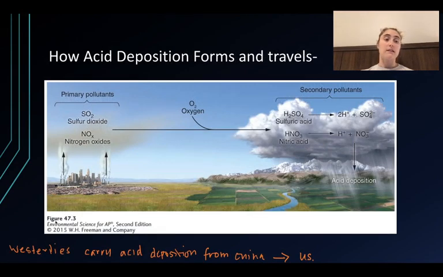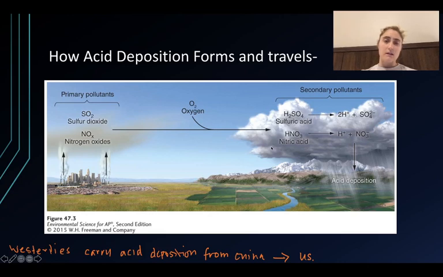So let's take a look at this. Here are our primary pollutants, sulfur dioxide and nitrogen dioxide. They're going to react with our oxygen in the air and create sulfuric acid and nitric acid. And then those are going to further break down into hydrogen ions and sulfates and nitrates, and those sulfates and nitrates are what are going to actually come down as acid rain.